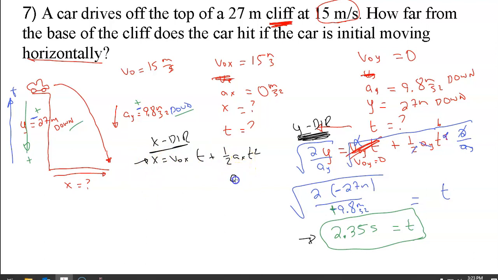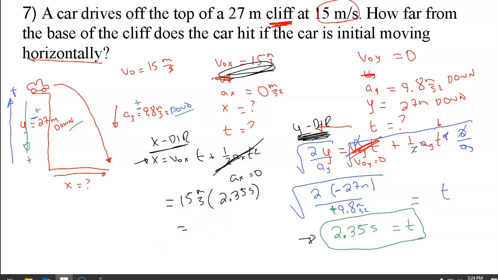It gets even better because a sub x is equal to 0, and 1/2 times 0 times t squared is 0, so that's gone. All I have to do is multiply the initial velocity in the x direction, right there, 15 meters per second, times the time, t, which we just found to be 2.35 seconds.